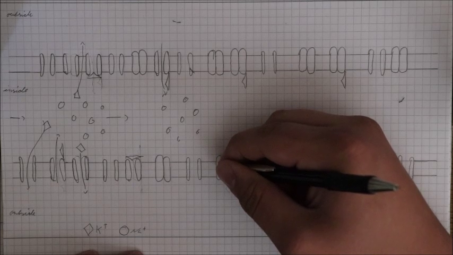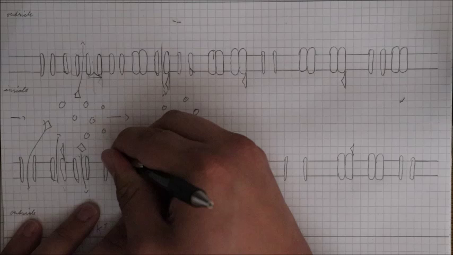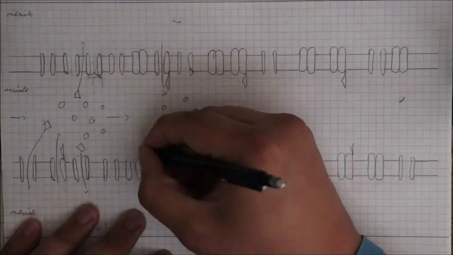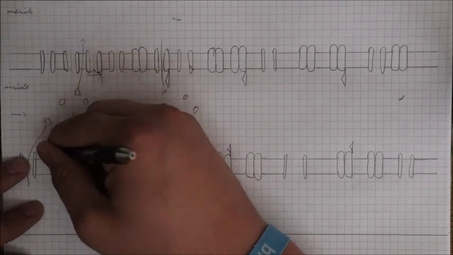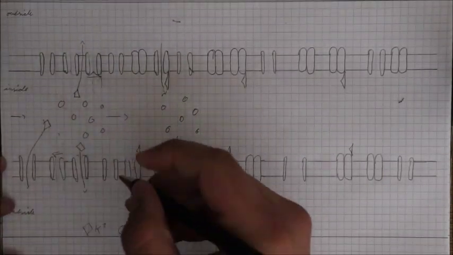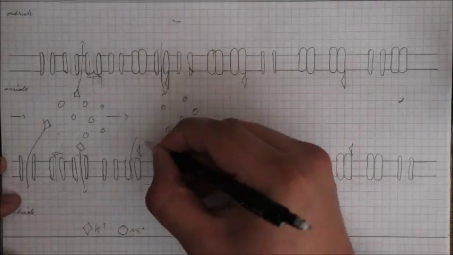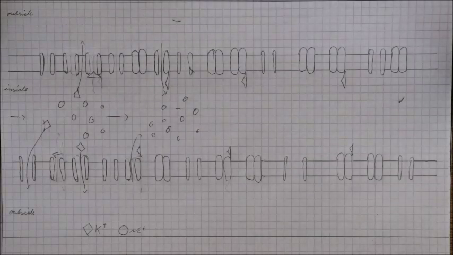Oh, dang it. I closed the wrong channels. This one is closed in the first step and this one is still open, and here sodium travels to the inside as well.